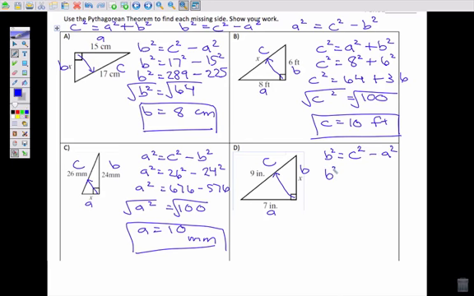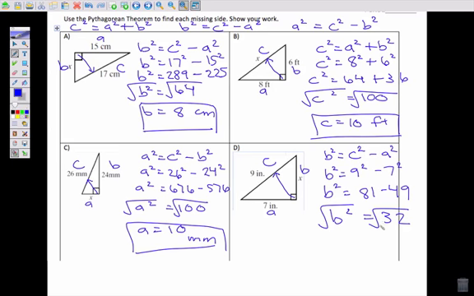So B squared is equal to C squared, which is 9 squared, minus A squared, which is 7 squared. So B squared is equal to 81 minus 49. B squared is equal to 32. Square root it. Now, 32 is not a perfect square.